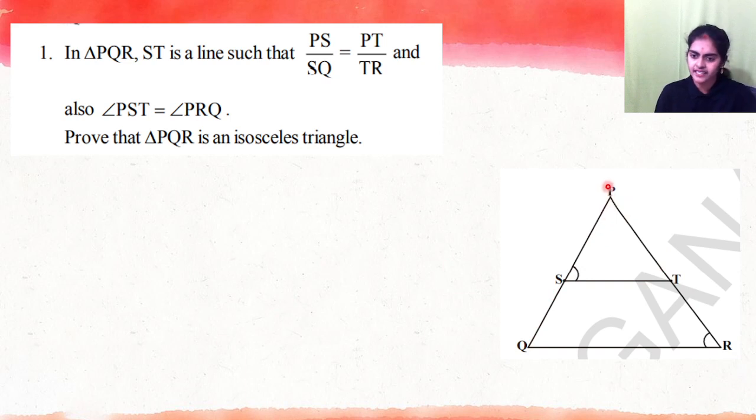Also, angle PST, this angle. Are you able to see the screen? I am pointing it out. See here. PST, this angle is equals to angle PRQ. Okay. So, you have to show that triangle PQR is an isosceles triangle.